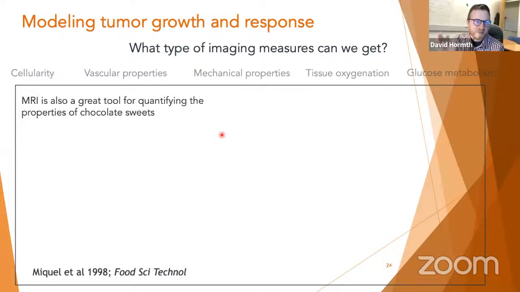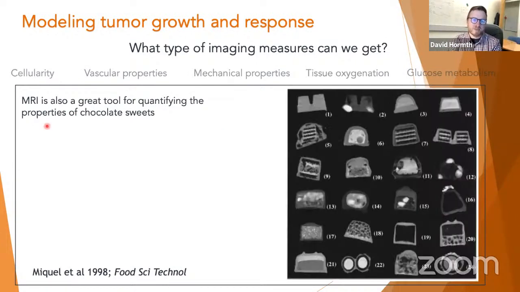So the last time I gave this talk was right before Halloween, and I had this slide in it. And since we're just a couple of days away from Valentine's Day, I thought it would still fit with this talk. So MRI is also a great tool for quantifying the properties of chocolate sweets. When I was preparing my last talk, I found this really neat paper that imaged 24 different types of candies.